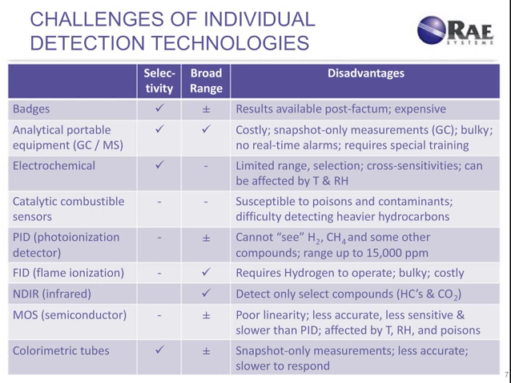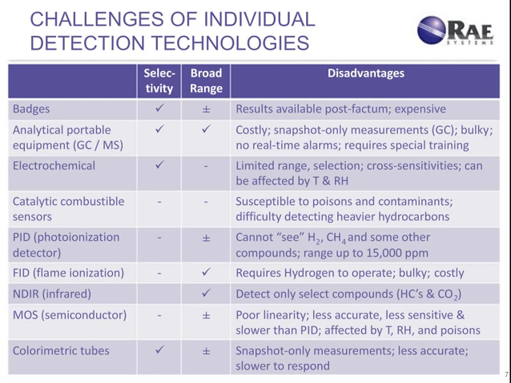These sensors are susceptible to poisons and contaminants, meaning that some substances, like sulfur compounds and silicones, can actually negatively affect the sensor and prevent it from working properly. And some heavier hydrocarbons, larger hydrocarbon molecules, have a hard time getting through the flame arrestor of such a combustible catalytic sensor, and these sensors cannot detect them all that well.